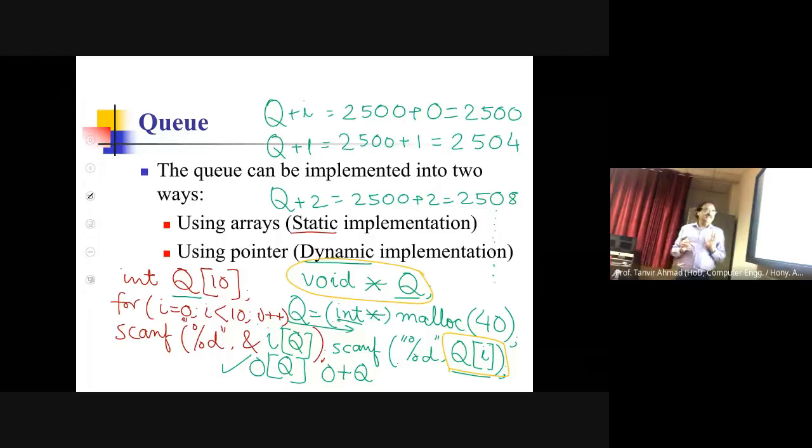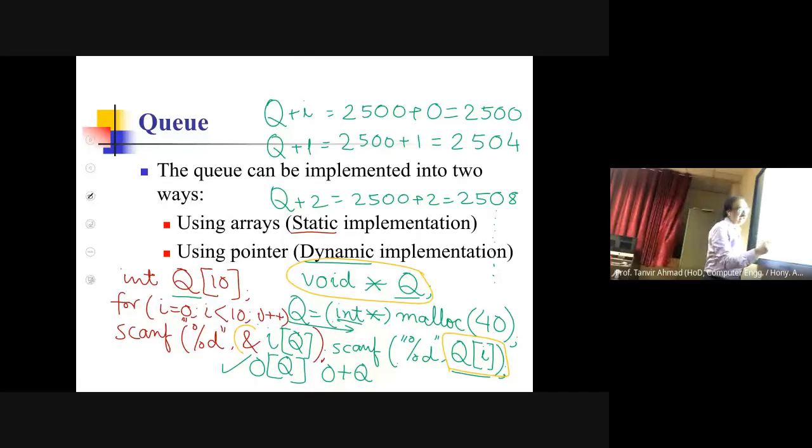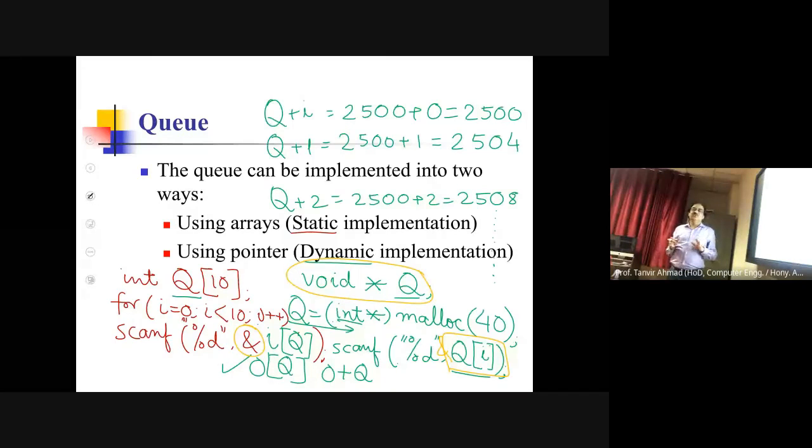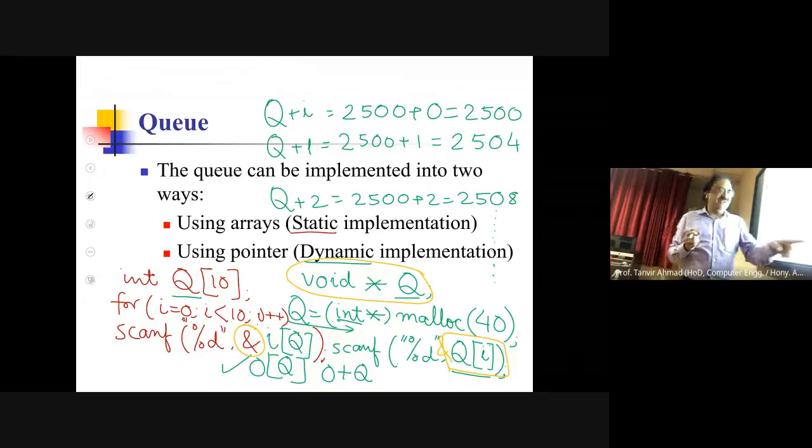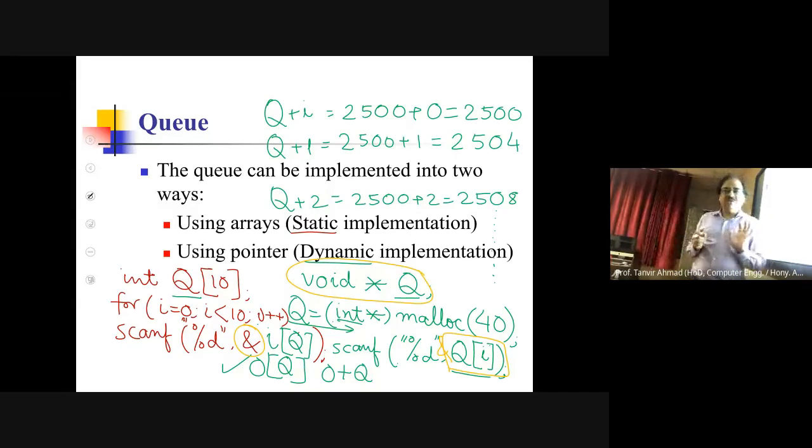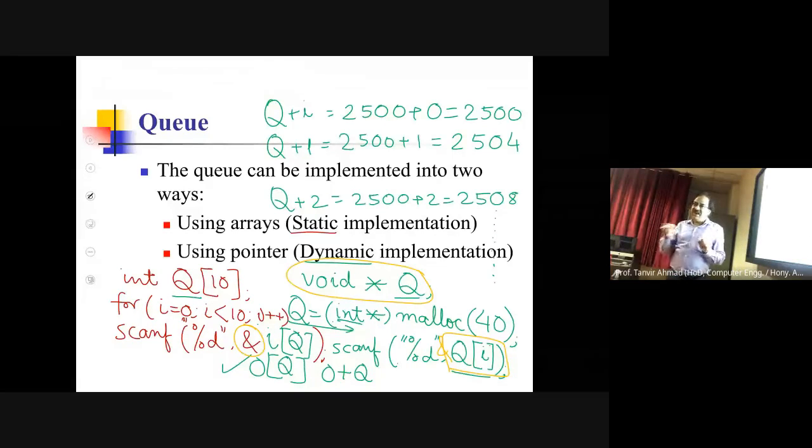But the only thing is that if you are using it as an array, you have to prefix the ampersand sign. If you are using it as a pointer, you don't require an ampersand sign, because q of i means the ith element of q. Therefore, for finding the address, you have to put an ampersand.